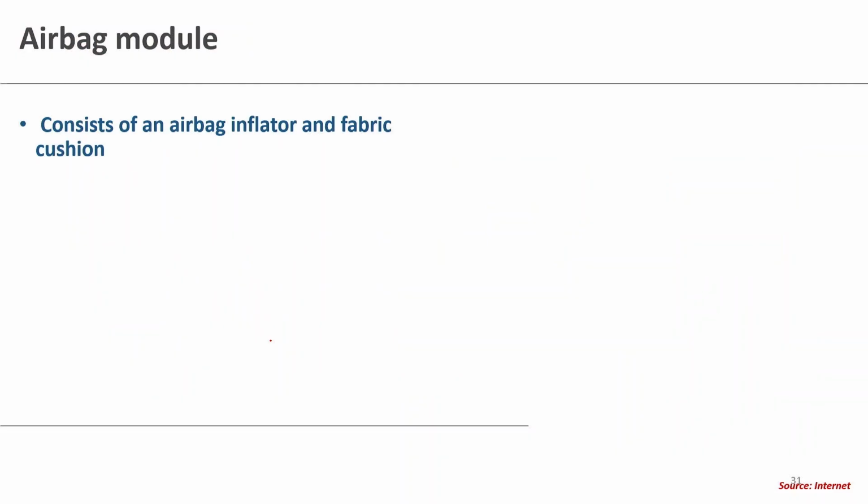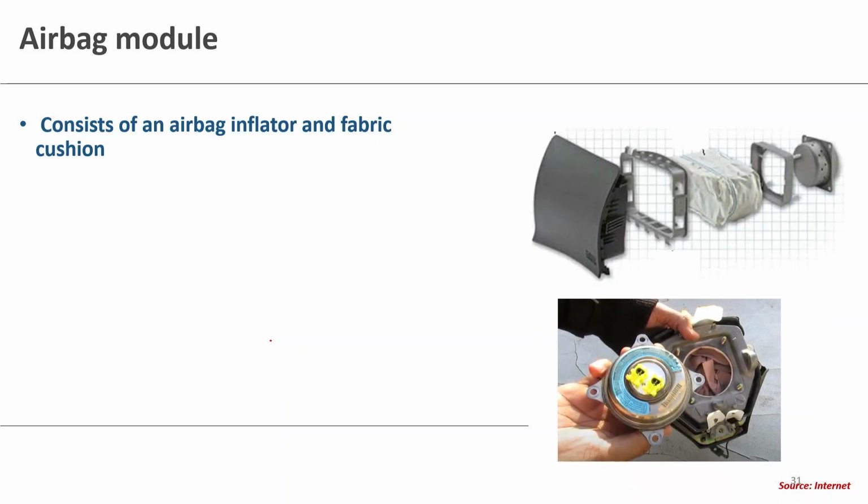So, the airbag module consists of an airbag inflator and a fabric cushion. You can see this is the airbag inflator and there will be a fabric cushion, and this is the airbag mold.